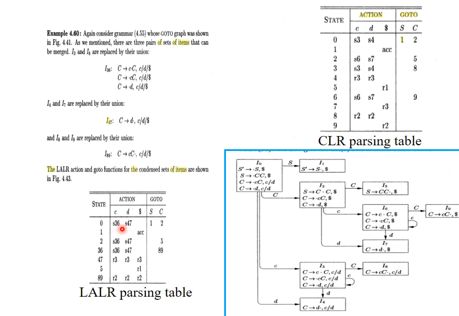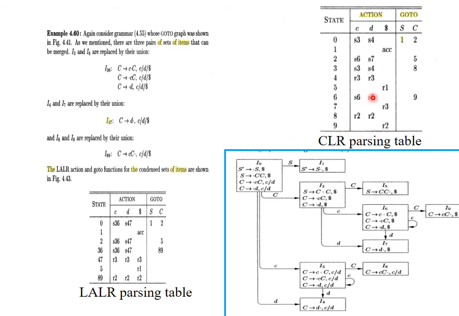In the case of 89, this R2 will also come here. So now the number of states has been reduced. Only 0, 1, 2, 36, 47, 5, 89 remain. The number of states has been reduced.